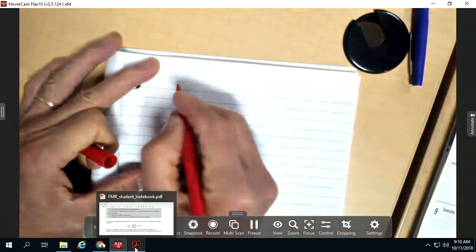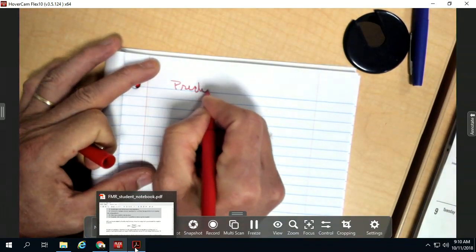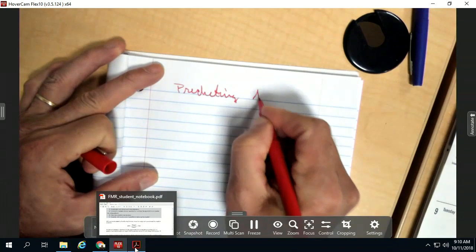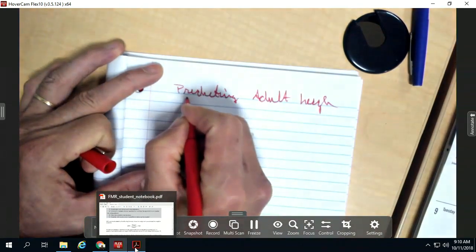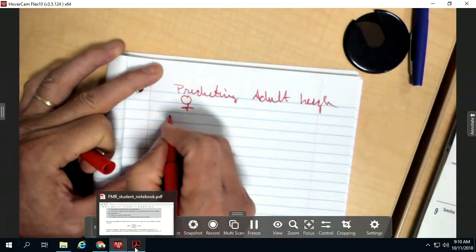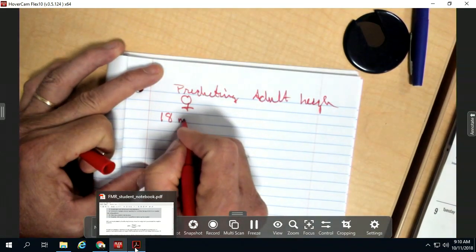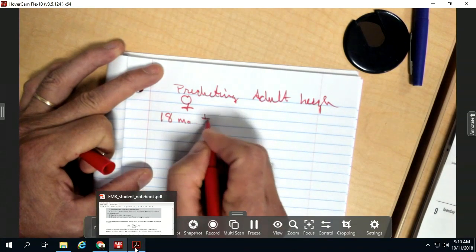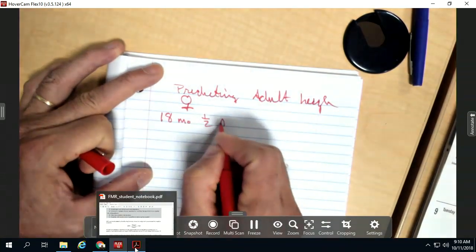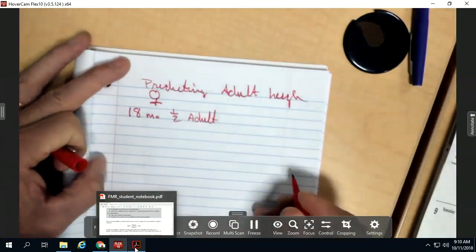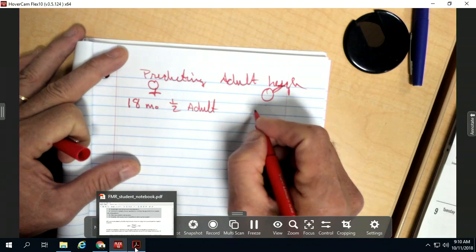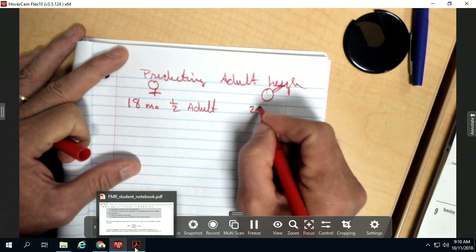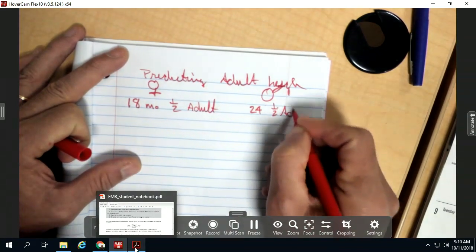Okay? Let's talk about predicting adult height. For females, your height at 18 months is half your adult height. For males, your height at 24 months is half your adult height.